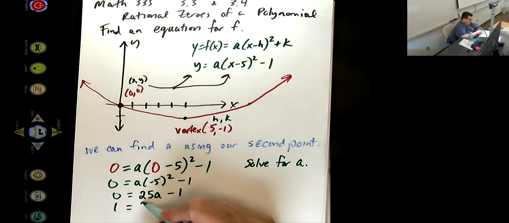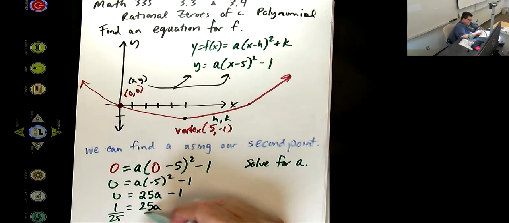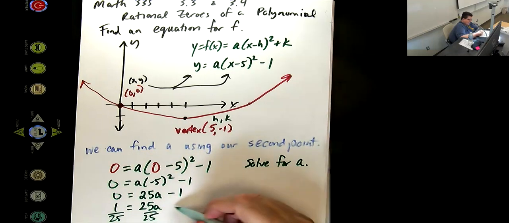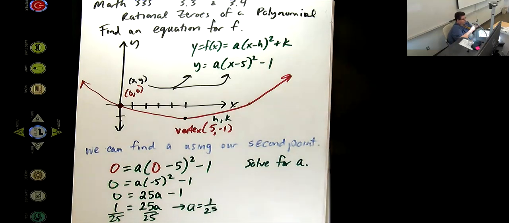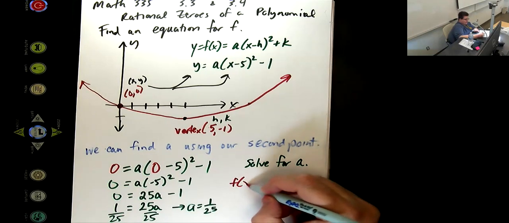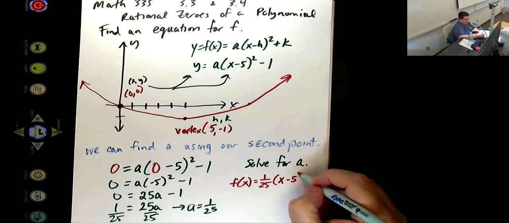We get 1 equals 25a. Divide by 25, and we get a equals 1 over 25. So our equation is f of x equals 1 over 25, x minus 5 squared minus 1.